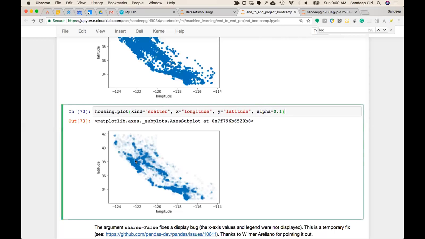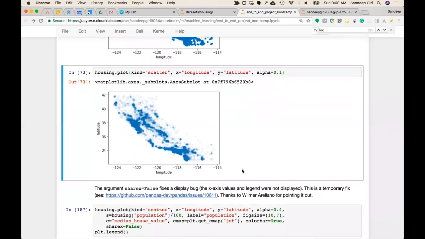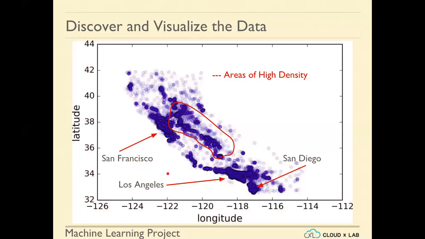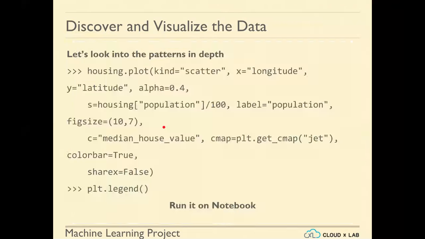Now you can clearly see which areas are dense, which ones are less dense, and which ones are sparse. So that's a very important parameter here. All right, so these are the areas of high density.